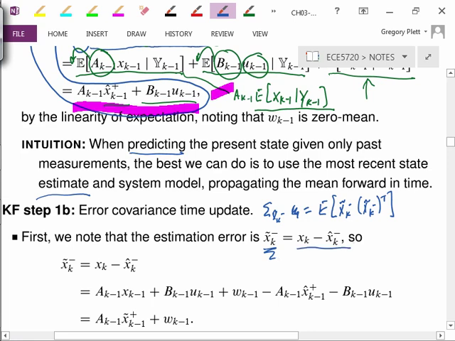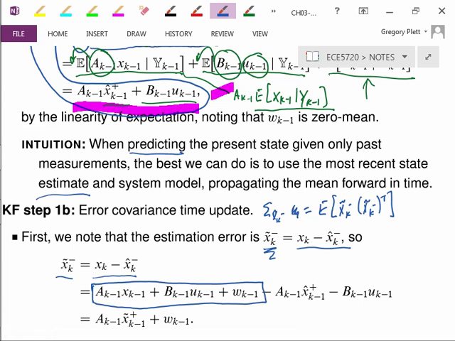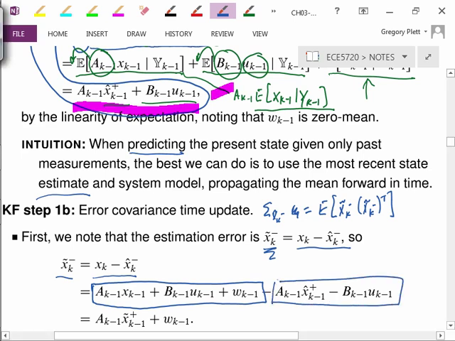By definition, it's the true state minus the prediction of the state. The true state is this. We are assuming that our state equation is in fact correct and precise. So the true state is A x plus B u plus w. And our predicted state from before is equal to this.